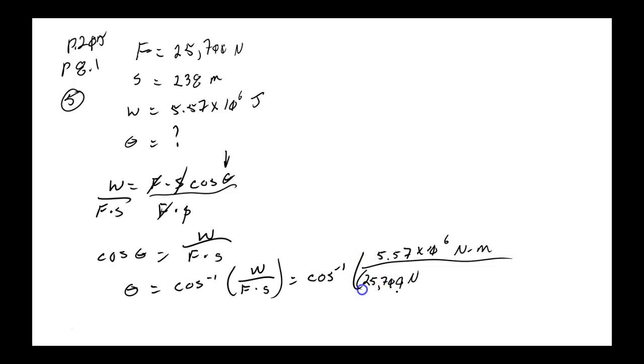Your force is in newtons, and your displacement is in meters, 238 meters. Notice all your units disappear, which is good because the cosine of an angle is a dimensionless quantity. So the inverse cosine has to work on a dimensionless quantity.